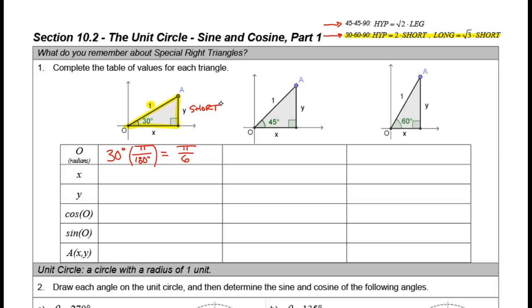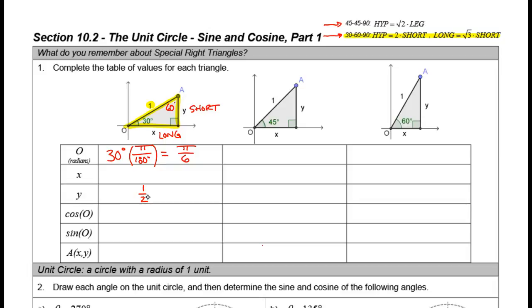That must mean that the side across from the other angle, the 60-degree angle, is the long leg. And I use that long and short terminology up here in these highlighted formulas. So if the hypotenuse is 2 times the short leg, that means the short leg is half the hypotenuse. So y, the short leg, is going to be 1/2.